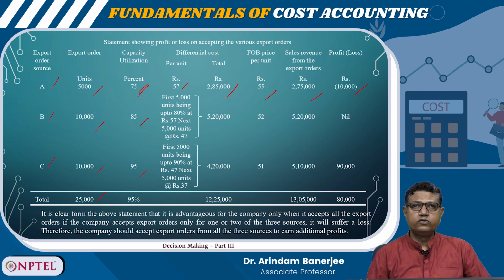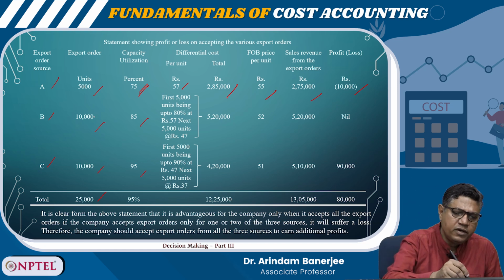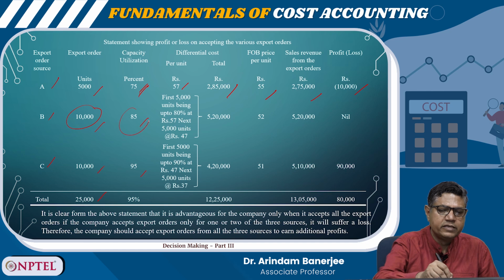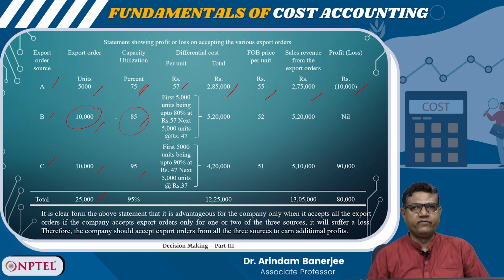For export order source B, the number of units is now 10,000, and the capacity utilization will go up to 85. So, the first 5,000 units being up to 80% are at 57, and the next 5,000 units will go at the rate of 47.